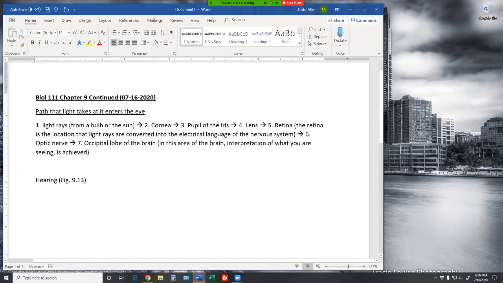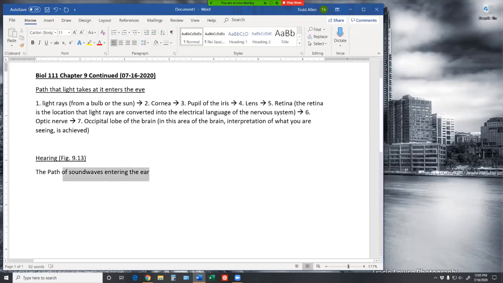Okay, so let's describe the path of sound waves entering the ear. Okay, the path of sound waves entering the ear. Okay, obviously you have a source of sound that generates, meaning that creates sound waves.